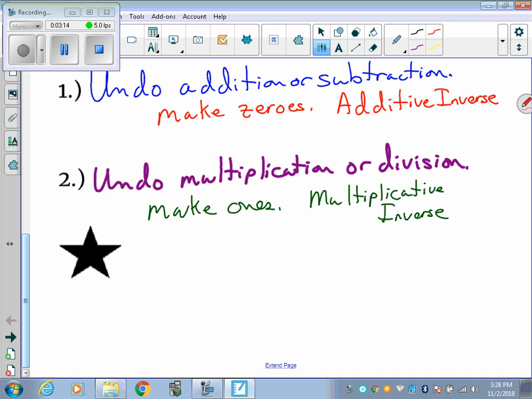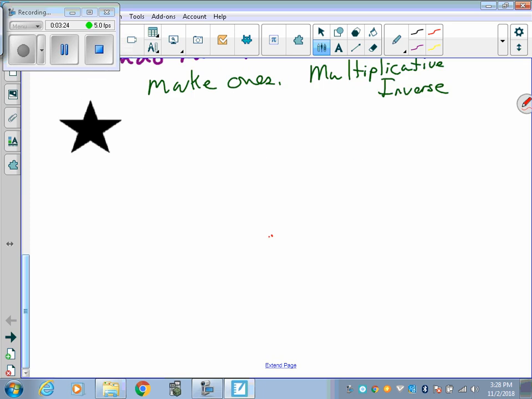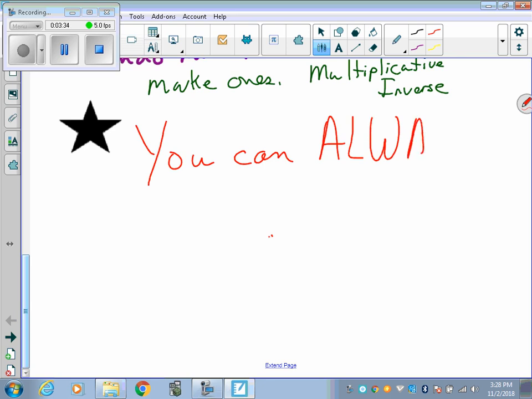And then the big thing that I highly recommend doing all the time when you're solving equations: you can always check your answer.